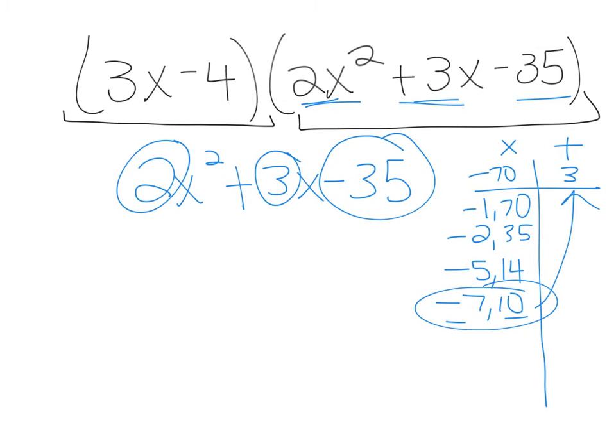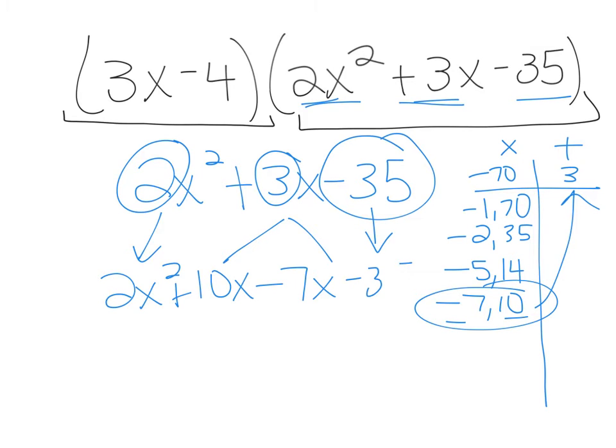So that is the pair that I need, and I'm going to use that pair to split up the middle term into 10x minus 7x. I'm going to carry down the 2x squared and the negative 35, and then group the first two terms and the last two terms together.